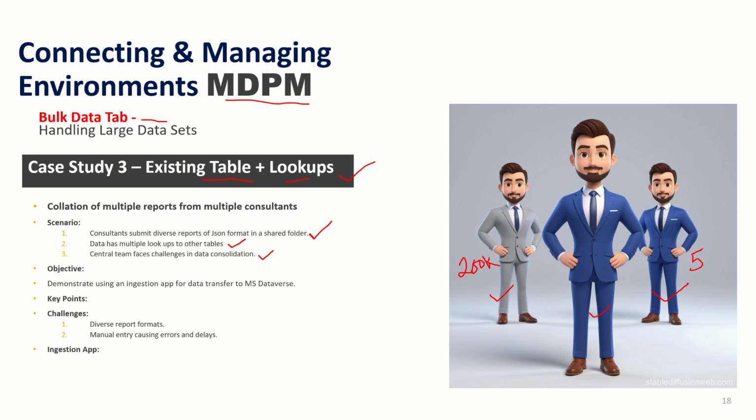Consultant 3, as you can see here, could be sending, say, 500,000. The last consultant here might be just sending 1 million JSON data. So how do we handle these multiple reports? And we're going to see in a bit here.